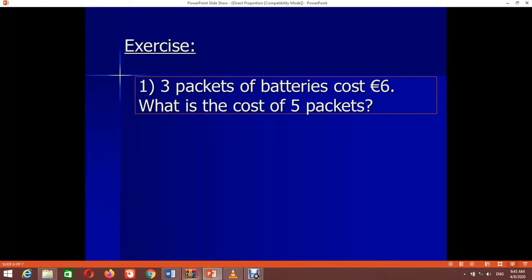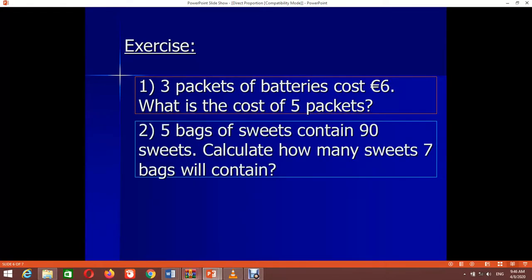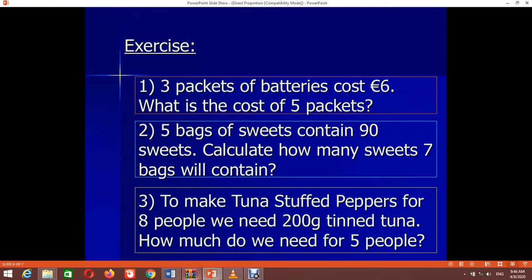Now this exercise is for you, my fellow student. Take your notebooks and your pens and write these questions and answer them. Question 1, as you can see on the screen. 3 packets of batteries cost £6. What is the cost of 5 packets? 2. 5 bags of sweets contain 90 sweets.